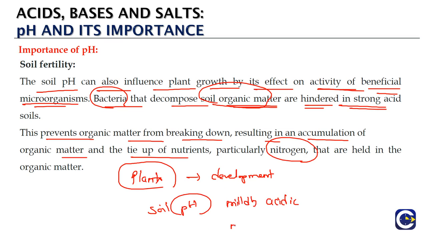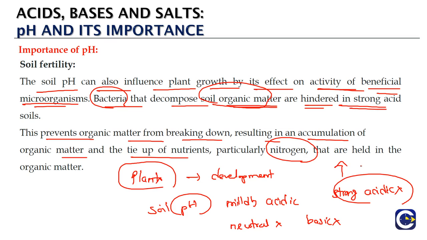So it should not be neutral, it should not be basic, and it should not be strongly acidic also, because there are again problems with it, because it will make toxic metals like aluminum, iron and manganese be absorbed by the plants, and also it will prevent the activity of some beneficial bacteria, like the bacteria that help in the absorption of nitrogen by the plants. So this is about the importance of pH in the soil fertility and the plant growth.